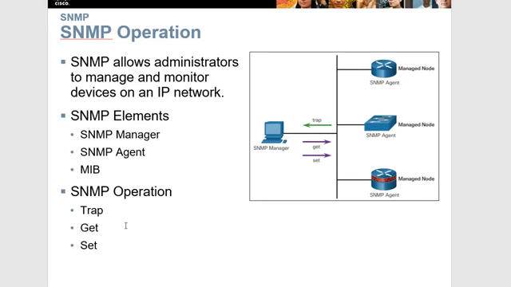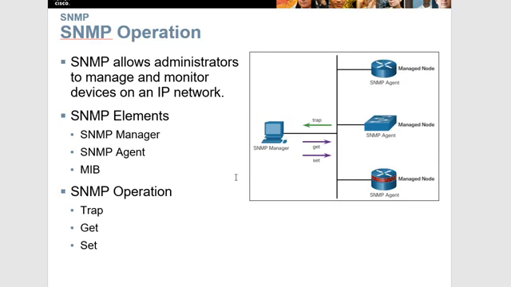In addition, SNMP agents can forward information directly to a network manager without being asked, by using a trap message that can be sent without the get being sent in the first place. So the manager is going to send the get and set, and the agent is going to send the trap message back.